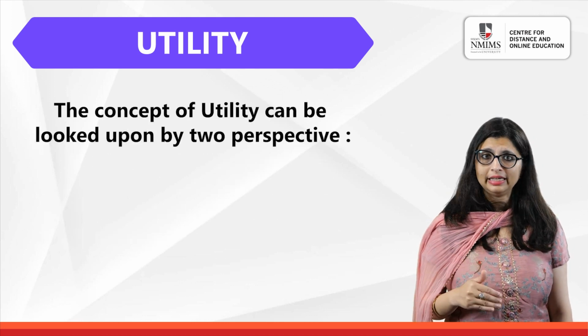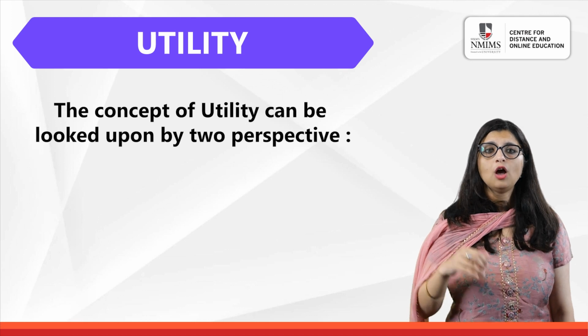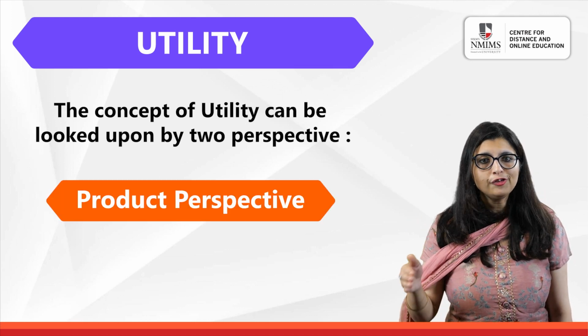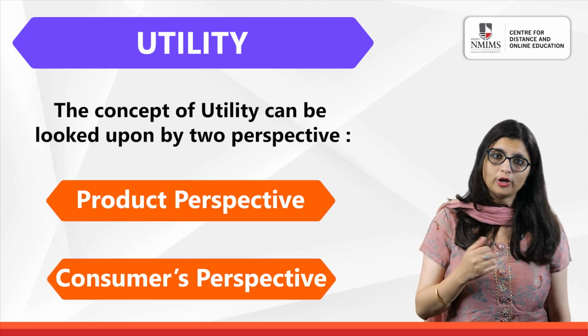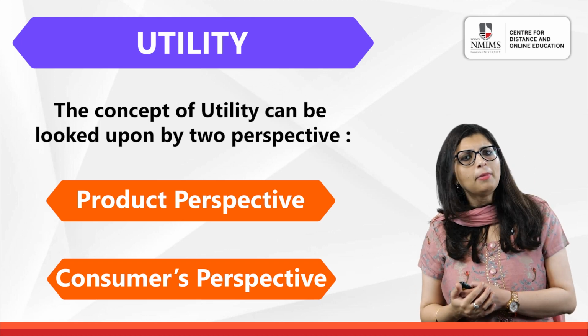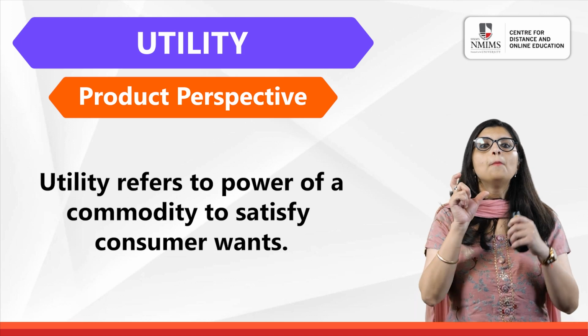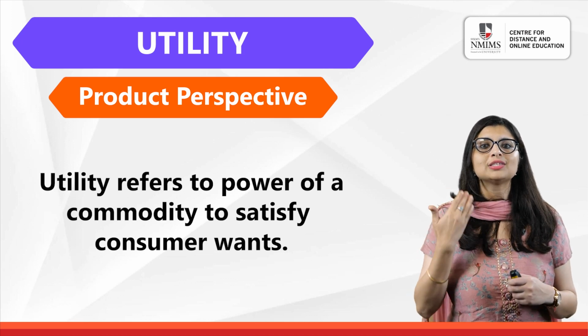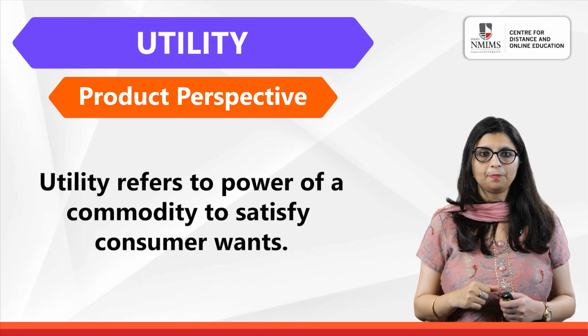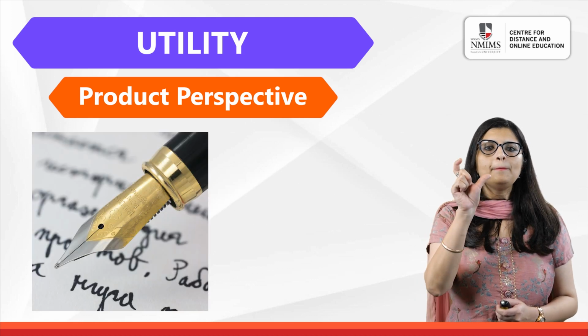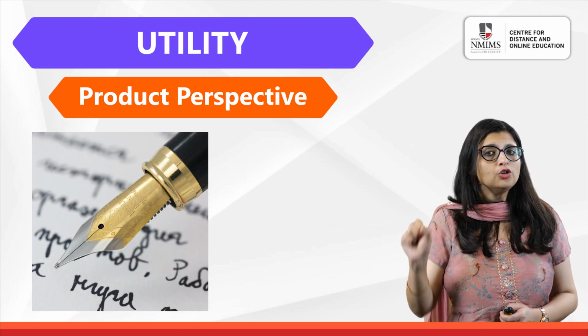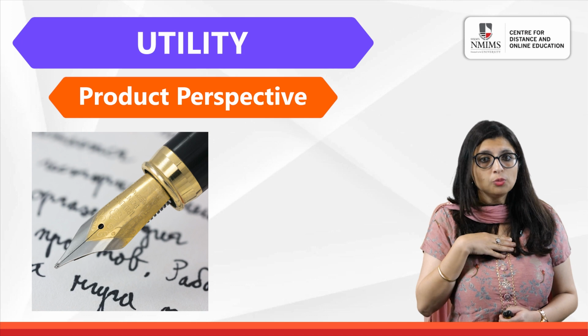Utility can be seen in two ways, from the product point of view and from the consumer point of view. When we are talking about the product point of view, utility refers to the power of a commodity to satisfy consumer wants. For example, a pen possesses its own utility whether it is consumed or not.